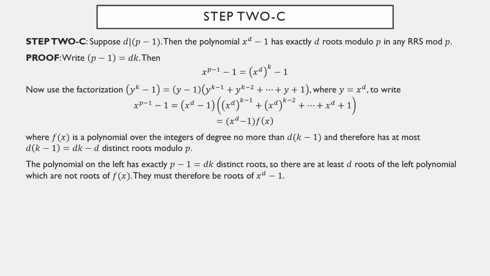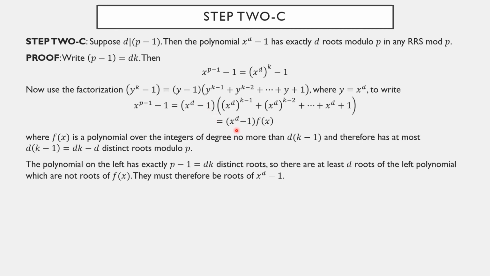Therefore, the missing factor, x to the d minus 1, has at least d roots. These two things are equal, so they must have the same quantity of roots. This has exactly dk. This has at most dk minus d, so this must have at least d to make up for those missing few roots. So there are at least d roots of x to the d minus 1.